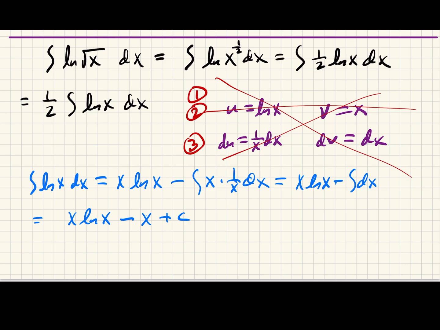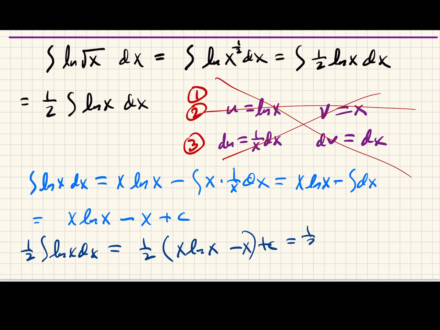So I could have dealt with that all along, or we could just say, okay, then 1/2 integral natural log x dx is equal to 1/2 of all of that, x natural log x minus x plus a constant, which we could say is 1/2 x natural log x minus 1/2 x plus the constant.